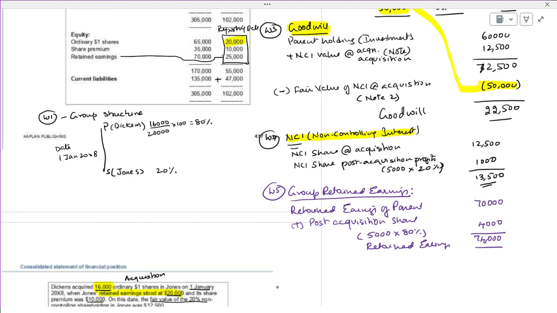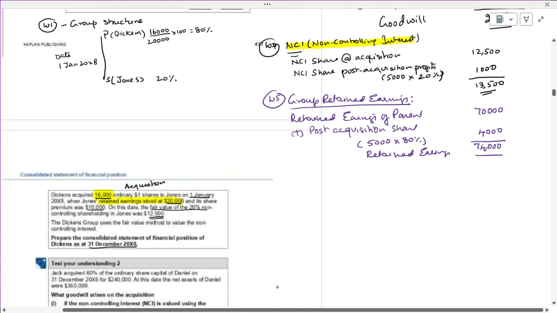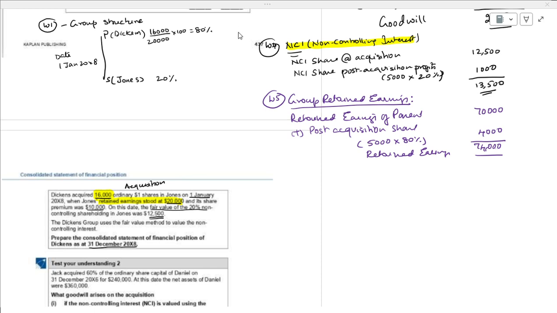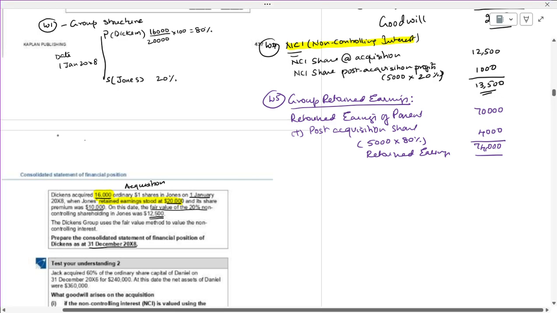Okay. Now, once you have done that, nothing else remains. Yes, you have to make a consolidation. We have done every distribution of the subsidiary.